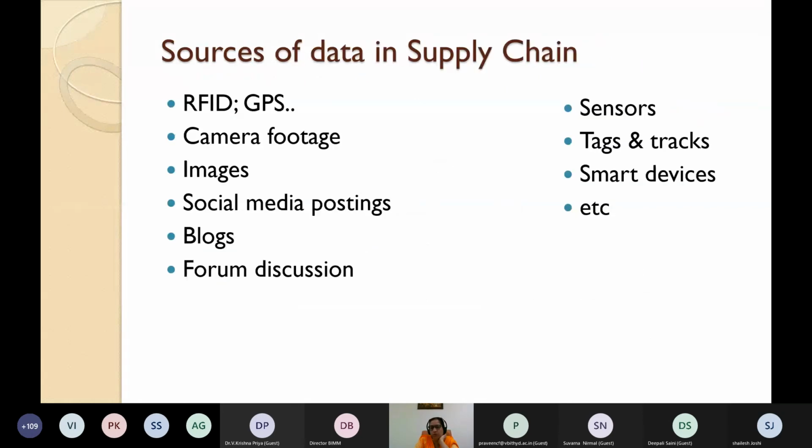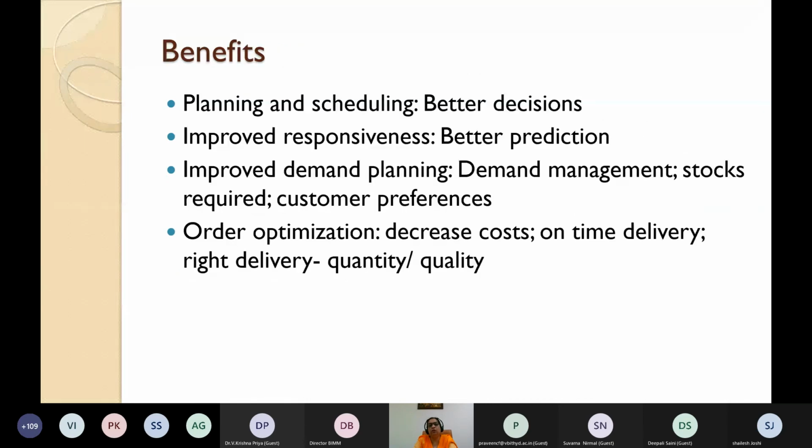So these are the sources of data in the supply chain: RFID, GPS, camera footage, images, social postings, blogs, sensors, and so on and so forth. So these are the benefits of data analytics or supply chain analytics, financial analytics, HR analytics, market analytics, and so on and so forth.